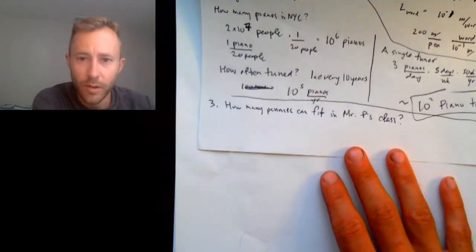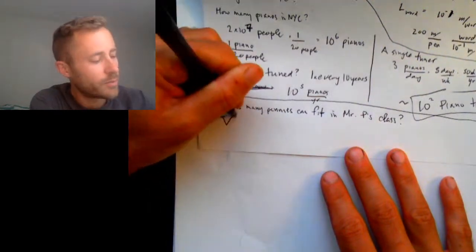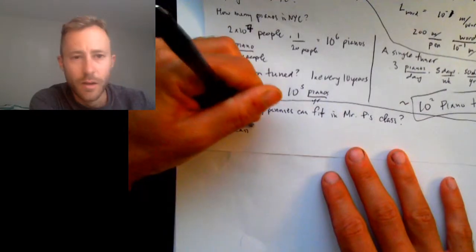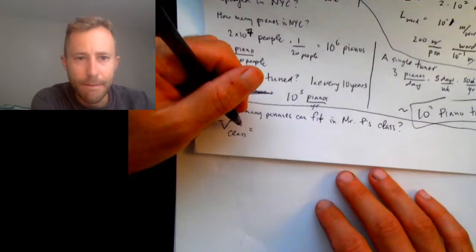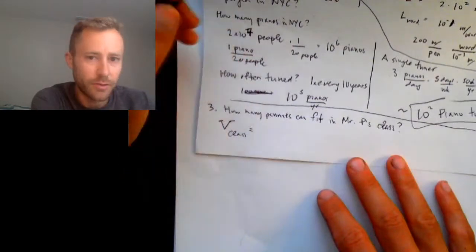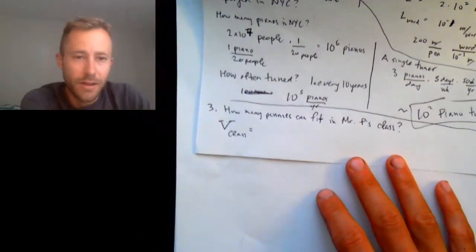Well, the first thing I'm going to do is estimate the volume of Mr. P's class, of my class. I would say that my classroom is roughly 10 meters by 10 meters. And again, it has a complicated shape.